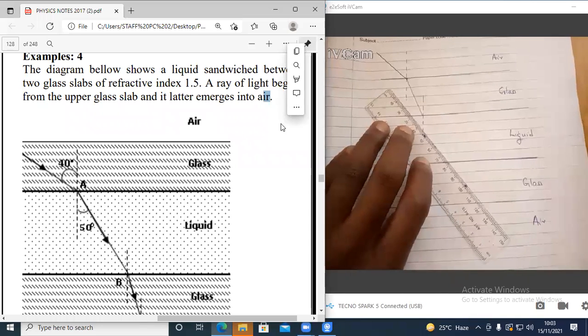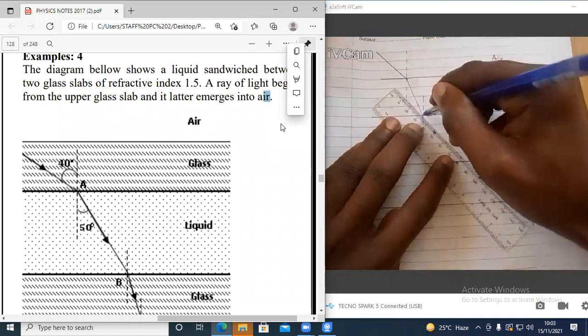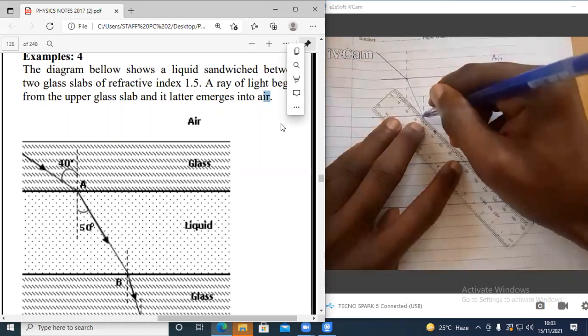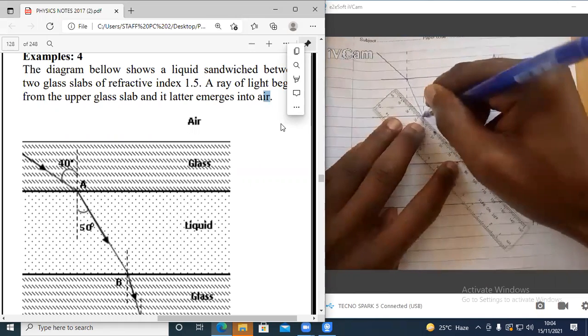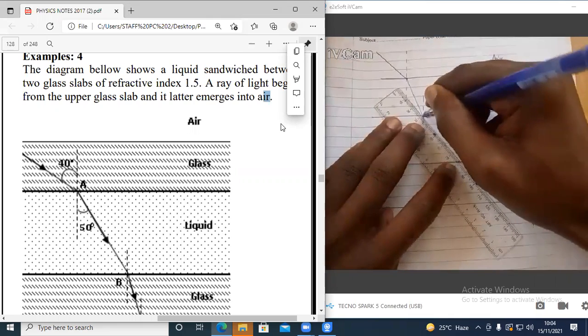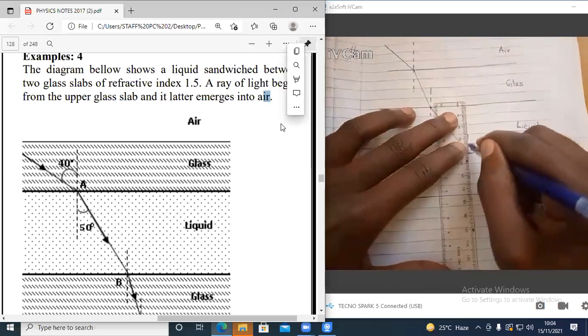Solid is more dense. So what will happen here? Light rays will bend away from the normal. So it will be like this. You don't just draw, you must follow the science, or the physics behind it.